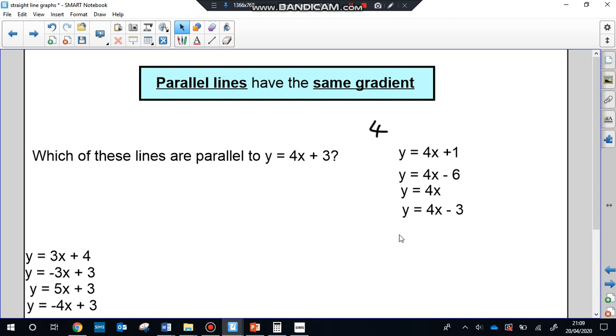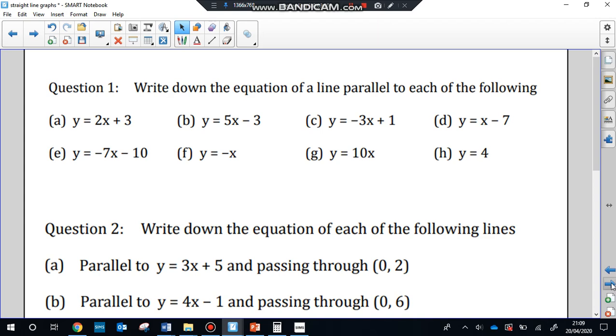There are an infinite number of lines parallel to this one. All I'm doing to get a new line is to have y equals 4x and then add or subtract something after it.